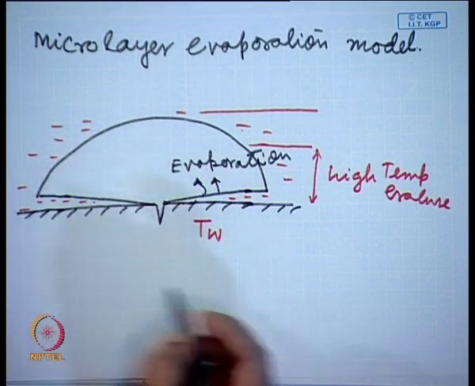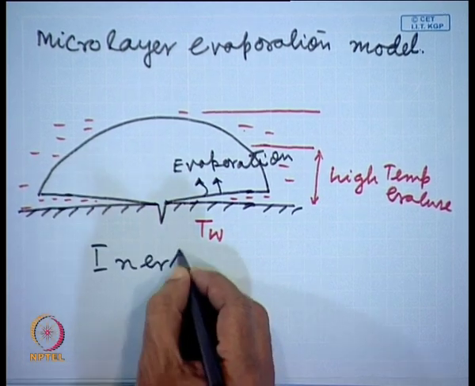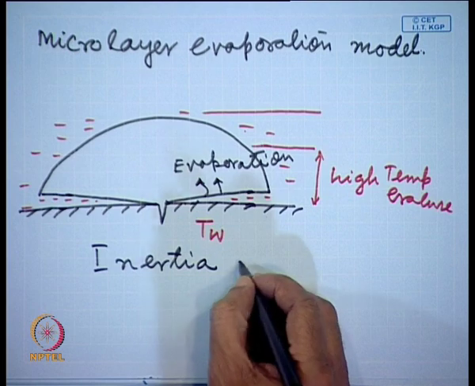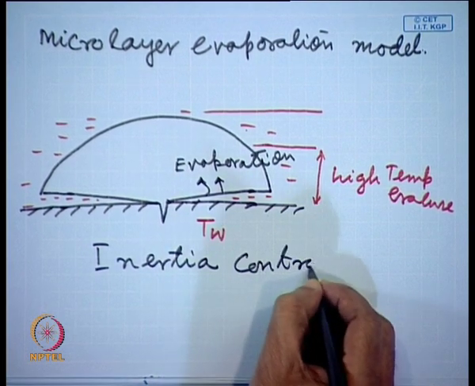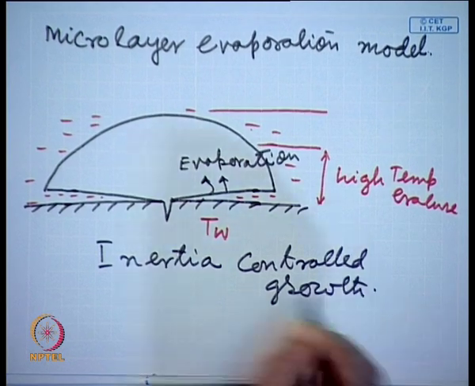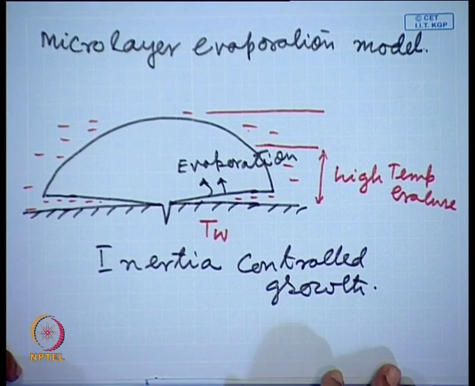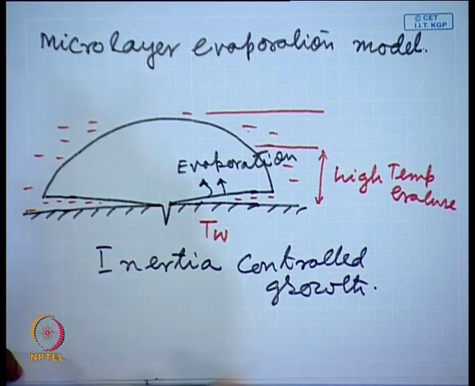So, this is basically valid for inertia controlled growth. And a full bubble cycle can be described based on this micro layer evaporation. And then what can be done is that the entire amount of heat transfer can also be found out by some integration process from this micro layer evaporation.